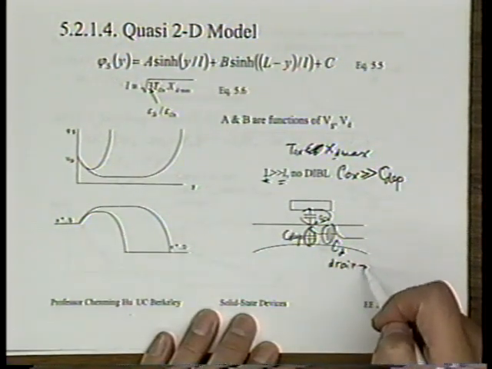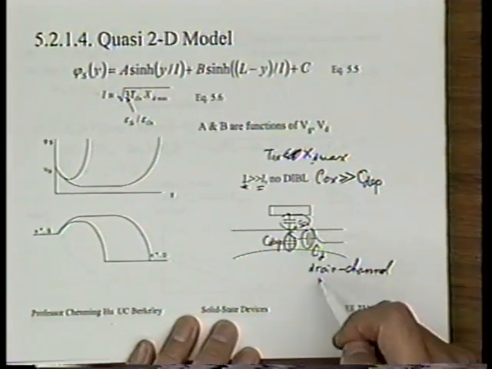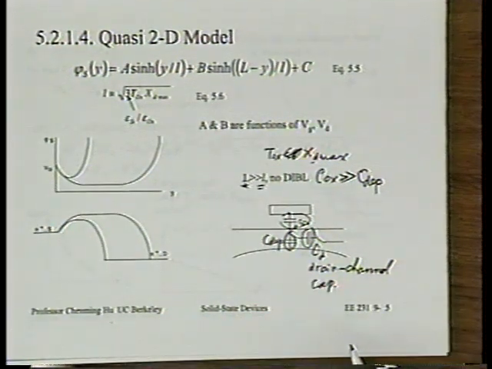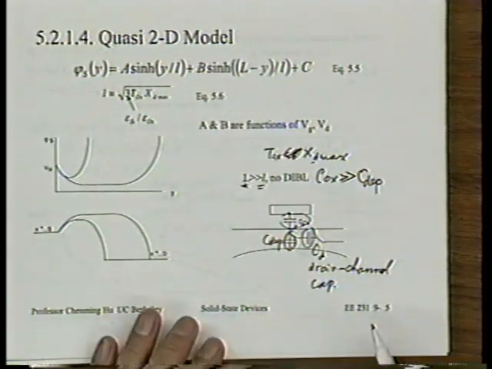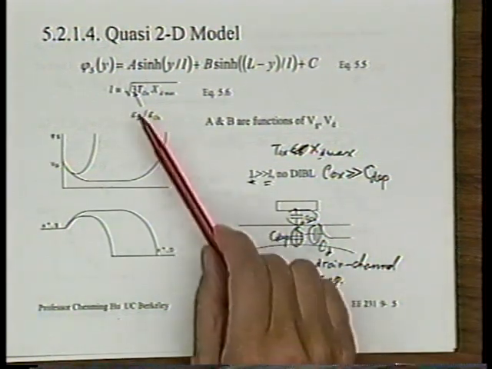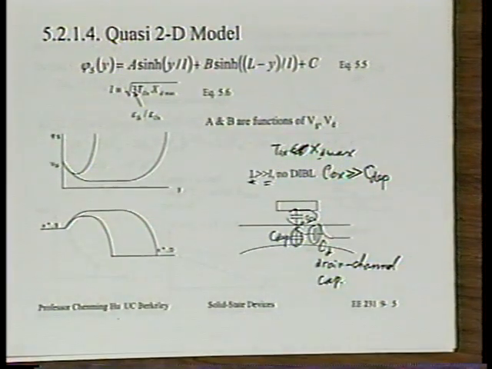Isn't that what we're saying? Drain-to-channel capacitance to be small, right? If you agree with this, let me tell you, this is the model that I really prefer that you use if you're looking for a qualitative model. If you're not looking quantitatively at how Tox affects dipole, how xd max affects dipole in a quantitative way.